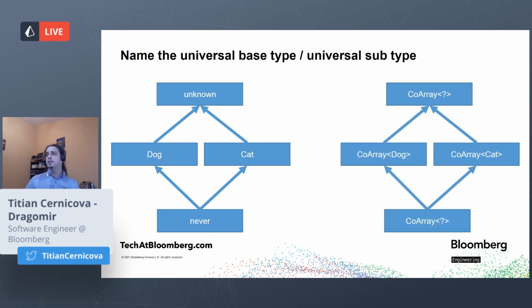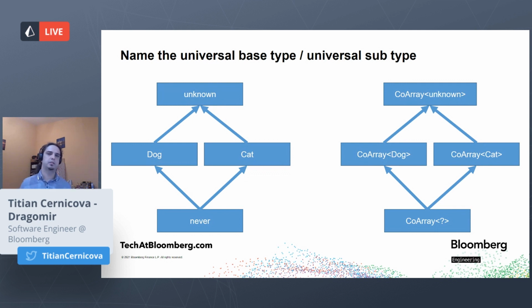Now, let's see how this relates to, for example, our covariant array example. Let's see if we can express the base type of all covariant array instantiations. What would be the base type of that? Well, since the arrow of inheritance points in the same direction, the base type for covariant array of dog and covariant array of cat would be covariant array of unknown, right?